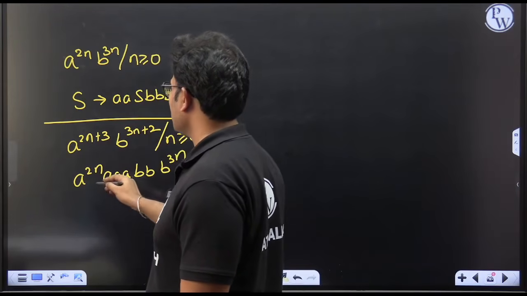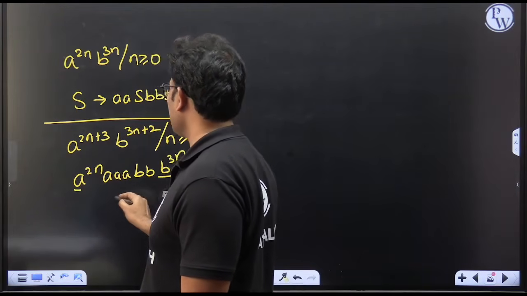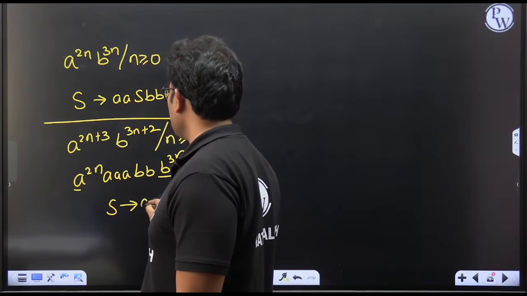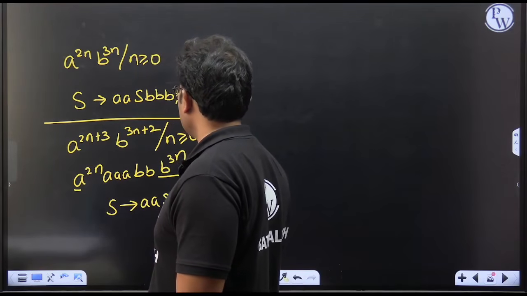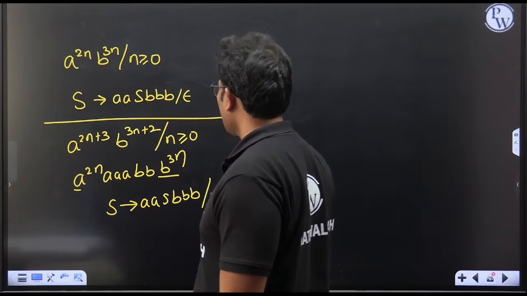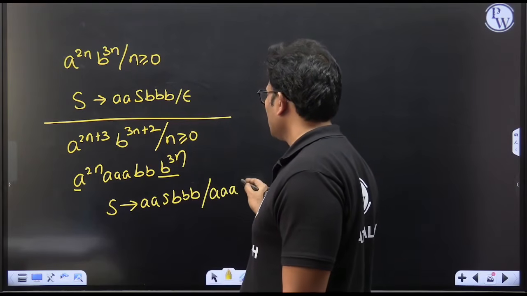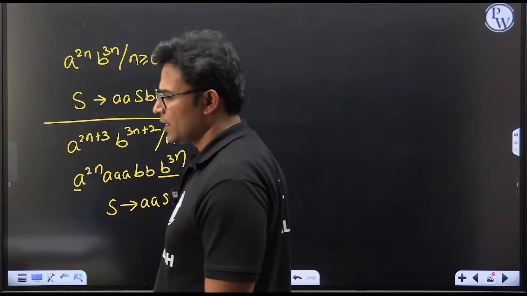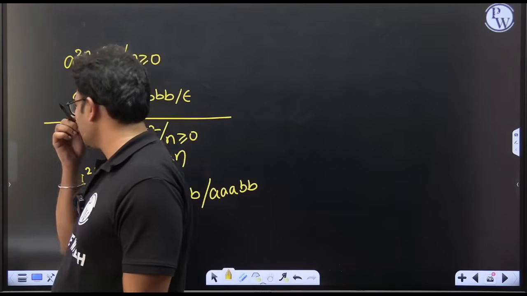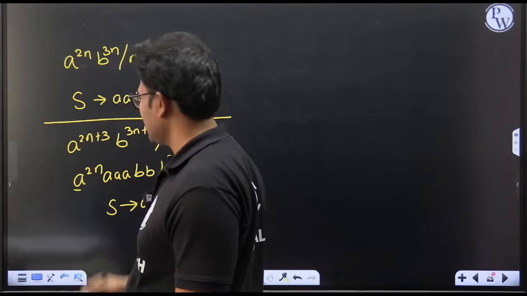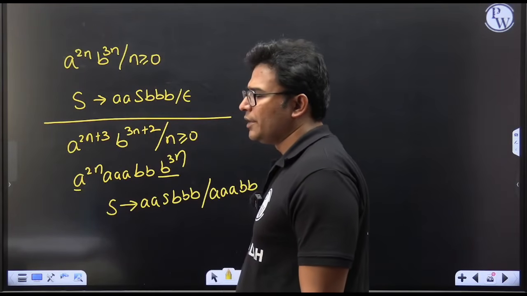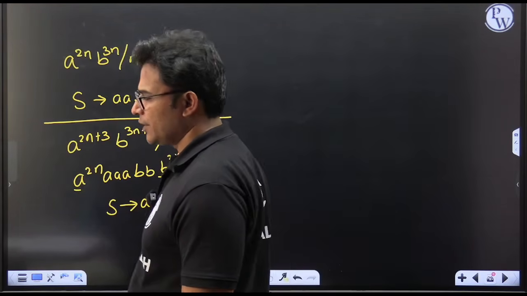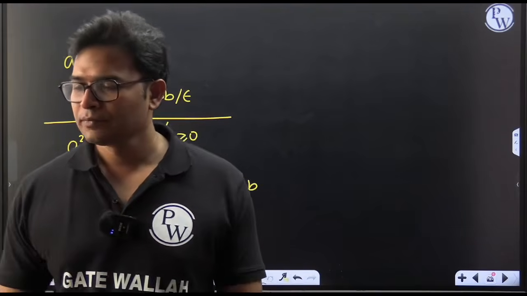So you are going to generate 2 A's and 3 B's, right? So S derives A, S, B, B, B, or A, B, B. We'll solve more problems.